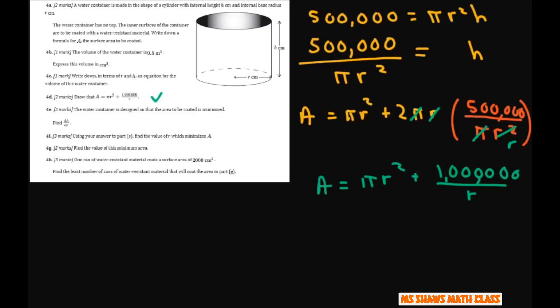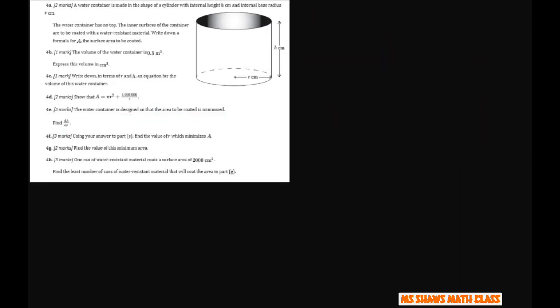Now it says the water container is designed so the area to be coated is minimized. So we're going to find the derivative of the area with respect to r. I'm going to rewrite this and move the r up and make it to the -1. So area equals pi r squared plus 1 million r to the -1.